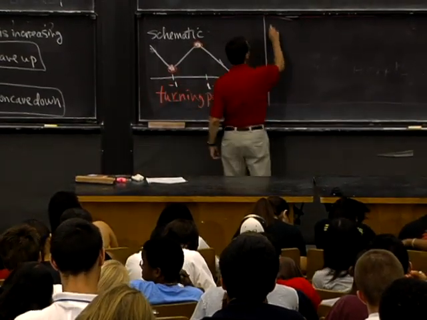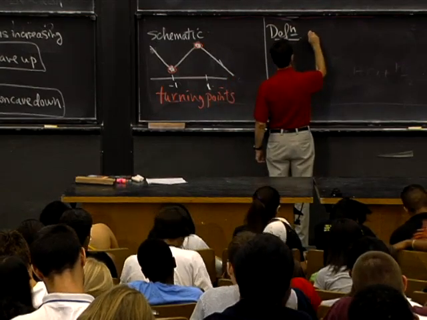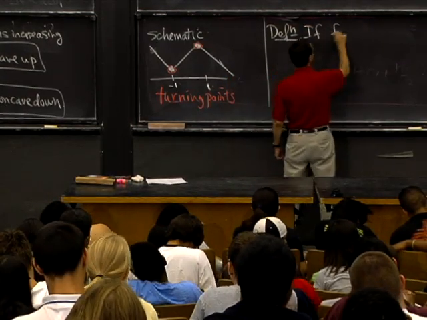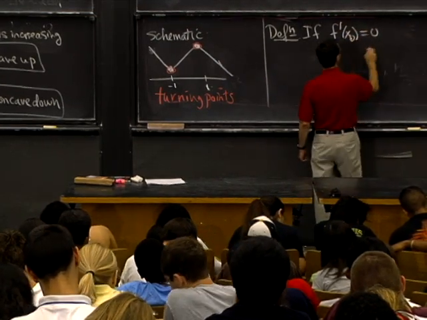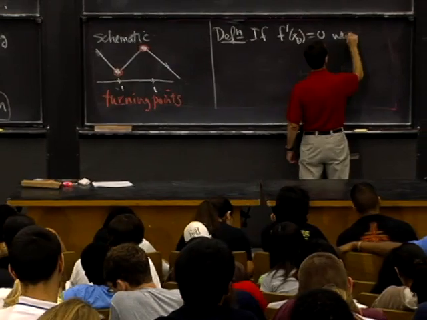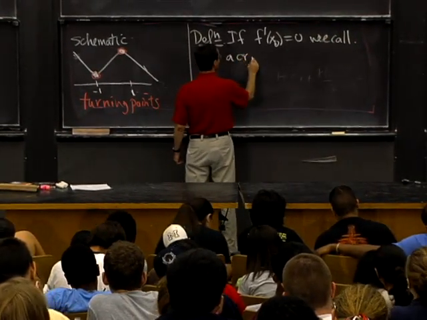So we have a definition, and this is the most important definition in this subject: if f prime of x0 is equal to 0, we call x0 a critical point.